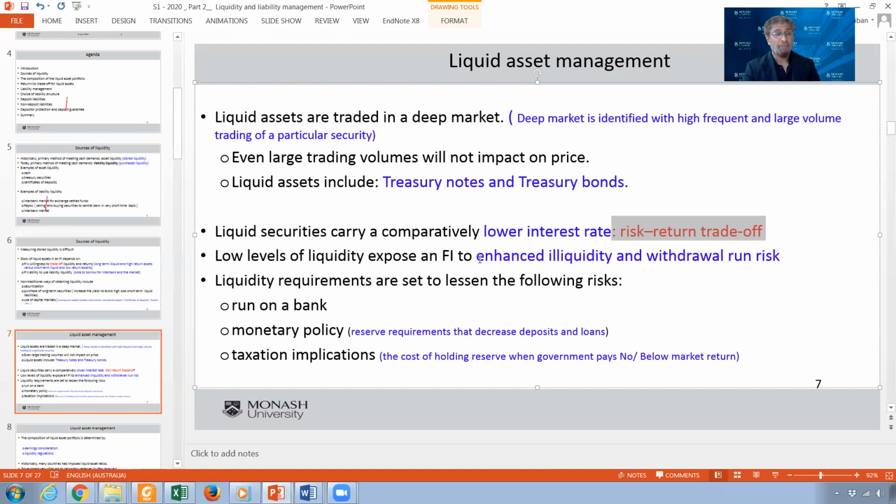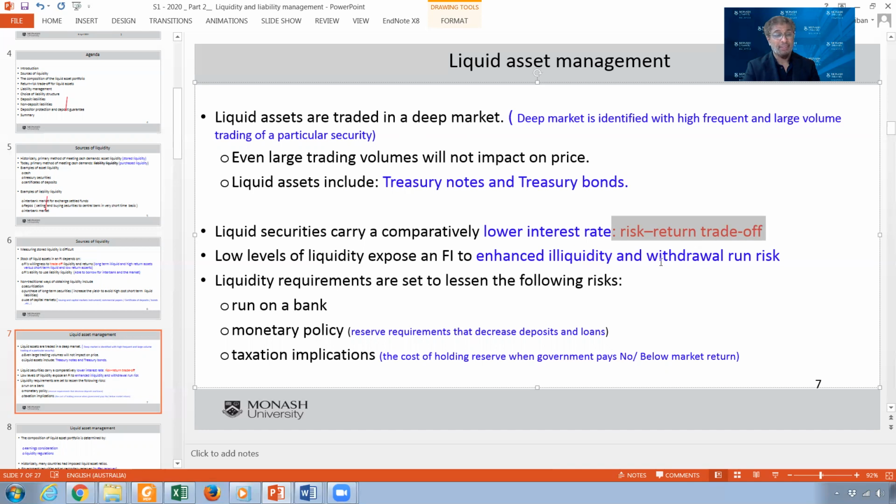So if you have a low level of liquidity, that will make you very illiquid, which means you cannot manage your liquidity requirements, and you cannot have liquid assets when you need them.